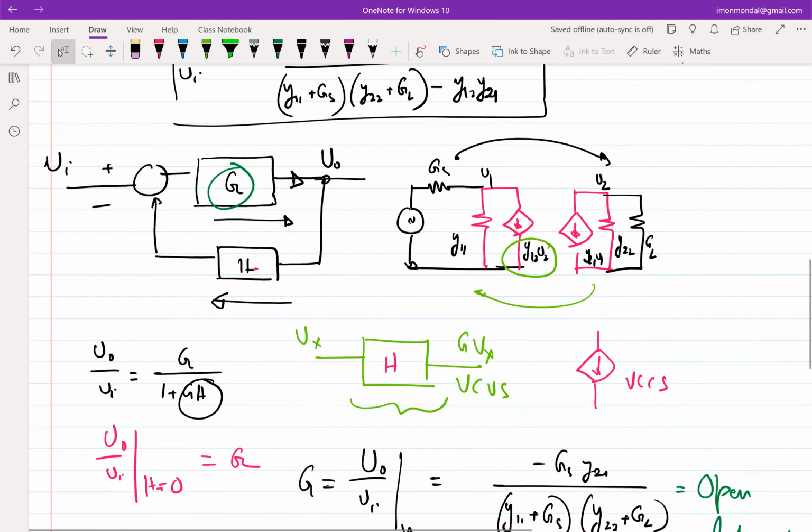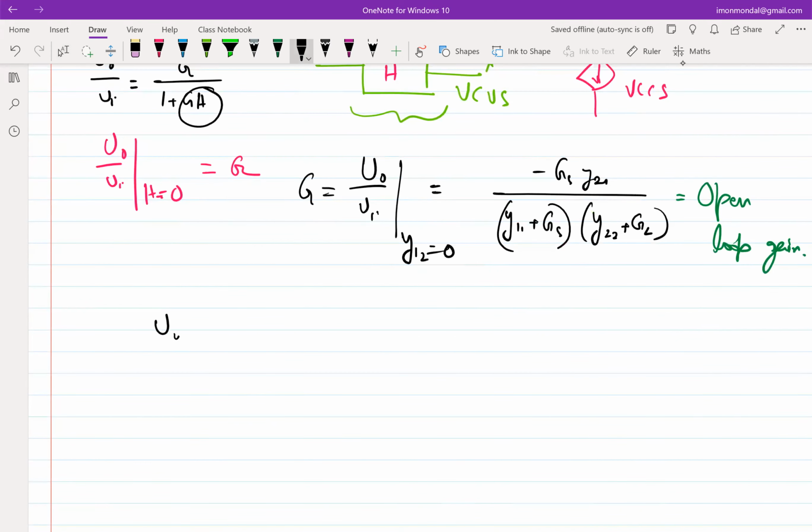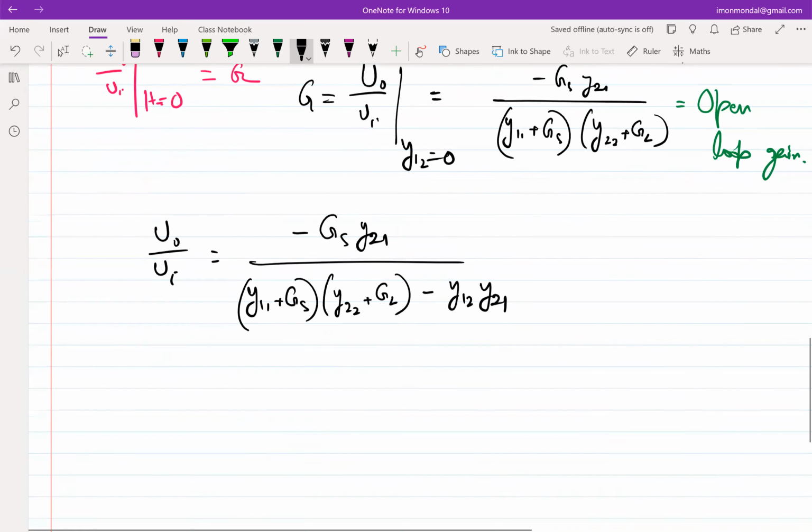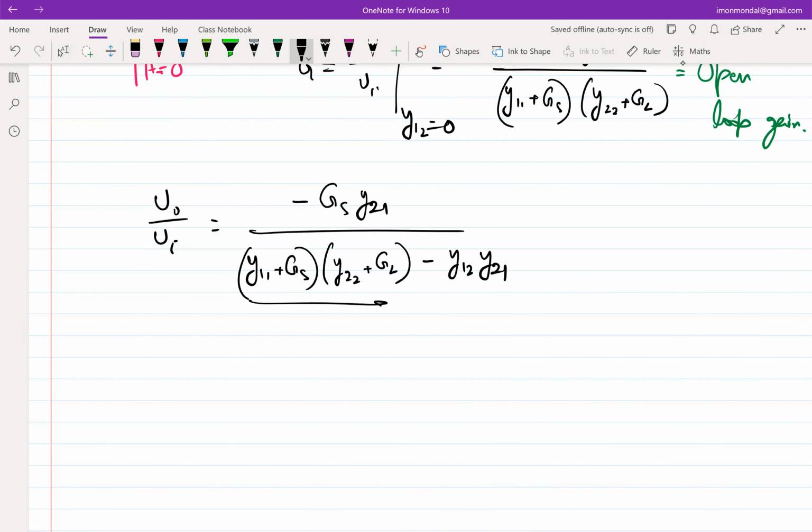For that, I'll have to write it out and do that algebra. Otherwise, it will not make sense. So I will divide by this, right?